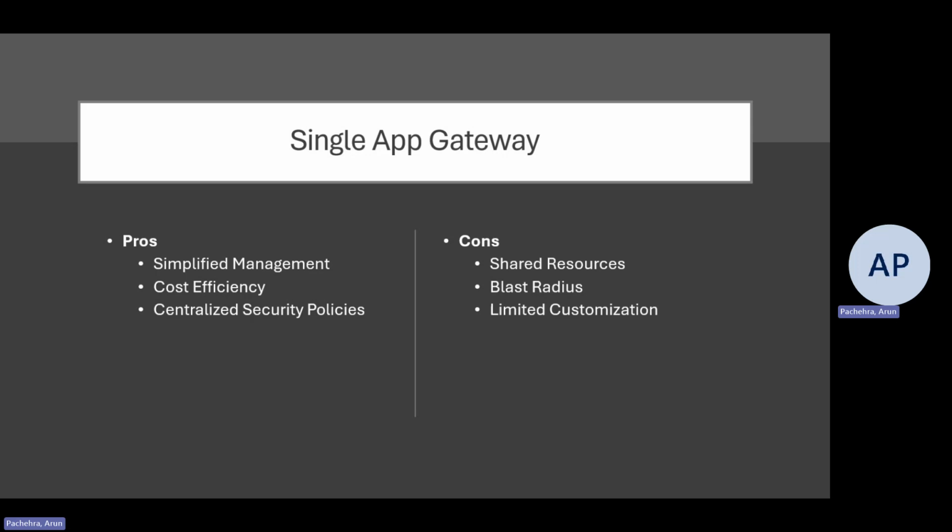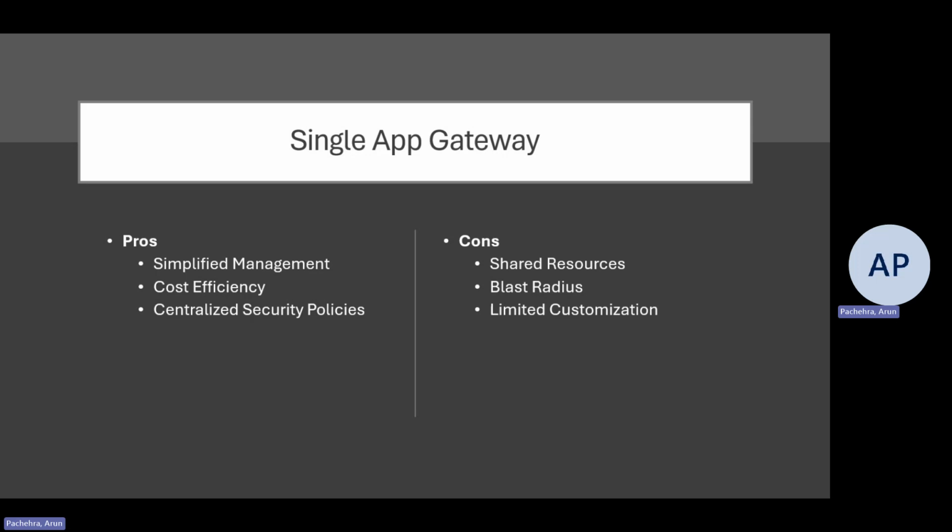So the very first thing is simplified management, which means managing a single application gateway for multiple applications simplifies the administrative overhead and centralizes the traffic management. So if management simplification is your goal, then you could use the single app gateway. That's one of the pros, of course.